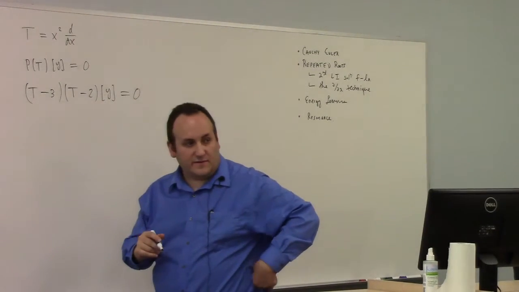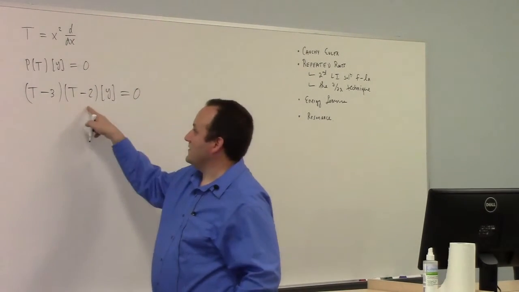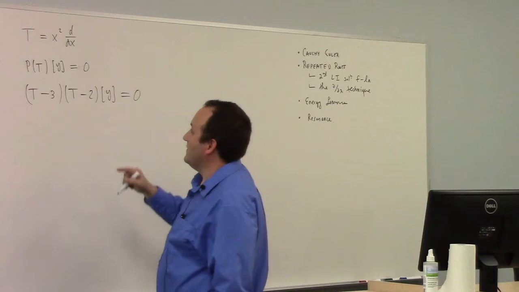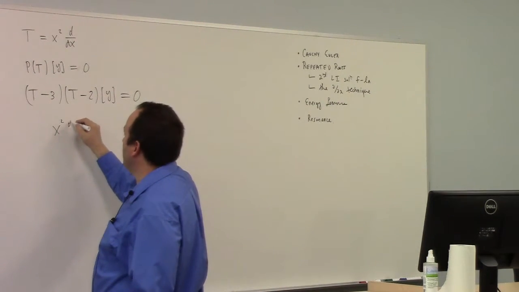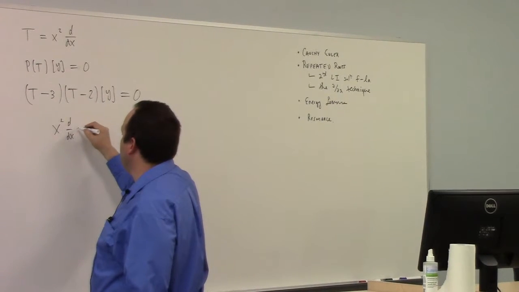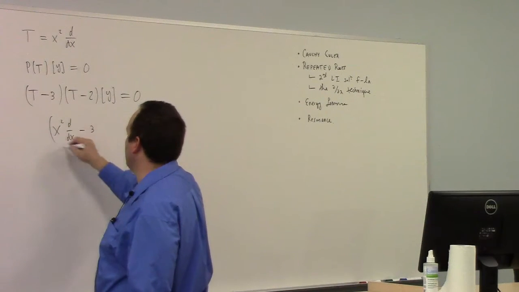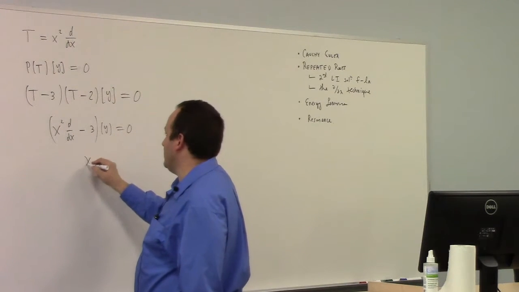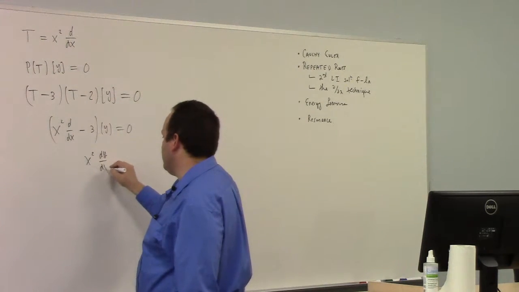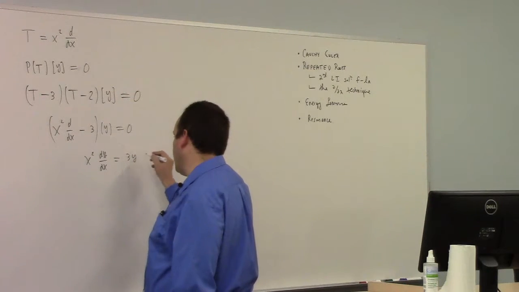And I could figure out what the solutions were because I can solve these separately, right? But how would you solve even one of these separately? You'd have to solve something like x squared d/dx minus 3, for example, times y equals 0. Of course, you guys know how to do that. That would be x squared dy/dx equals 3y.